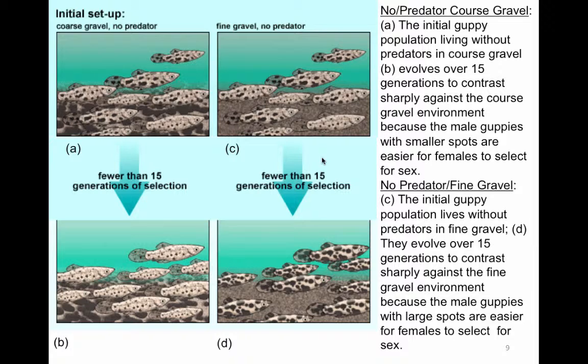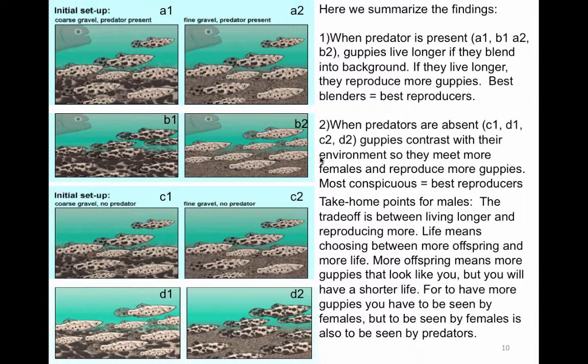Notice that the spots have become larger over the 15 generations, and they sharply contrast with the fine gravel environment. The large spotted guppies have become more frequent in the population because the large spots are easier for females to select for sex. Here we summarize the findings.